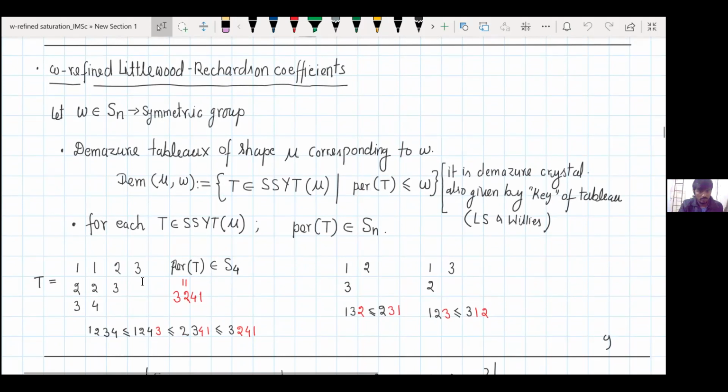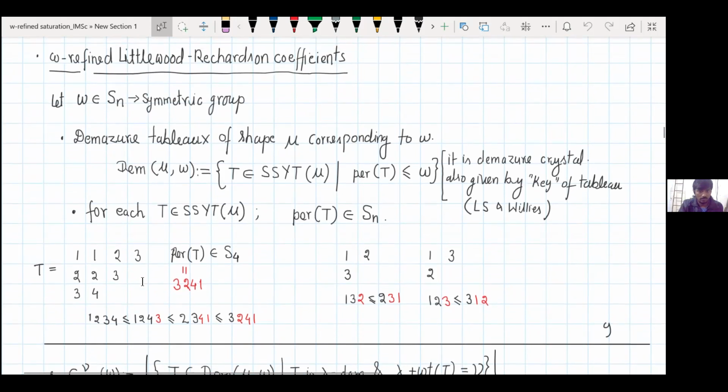Here I have written one quick way to calculate the permutation. There is another nice way also, but this is the simplest way to understand, in my mind.